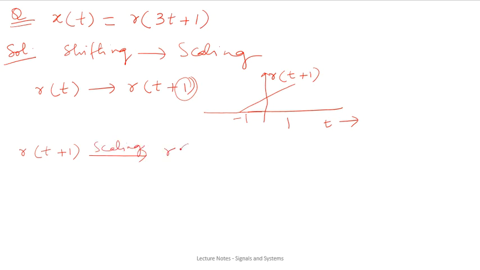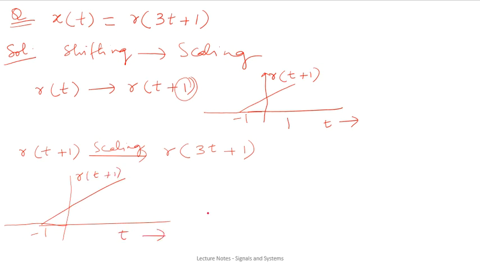Now from r(t + 1), you have to perform a scaling operation to obtain r(3t + 1). If your shifted signal is r(t + 1), the scaled version will be obtained by just dividing the limits.